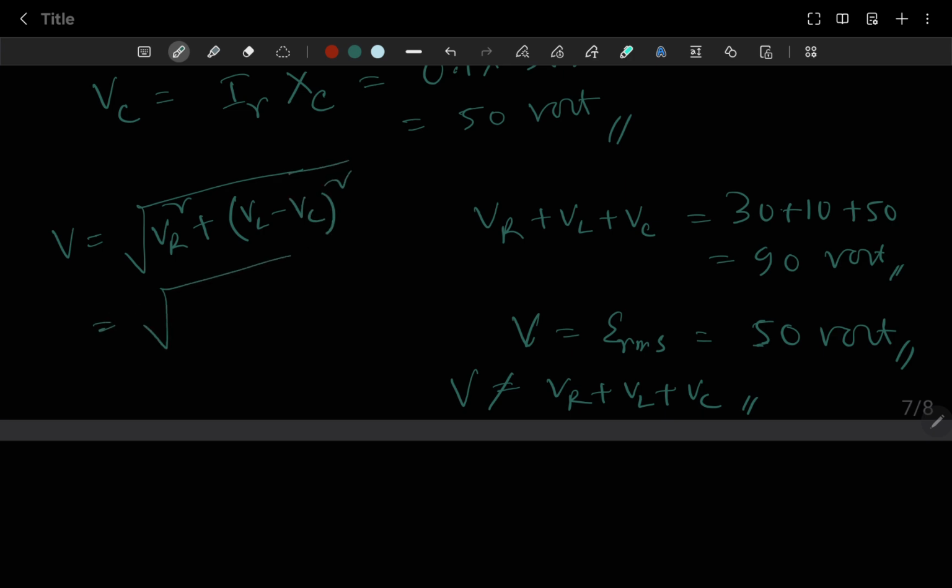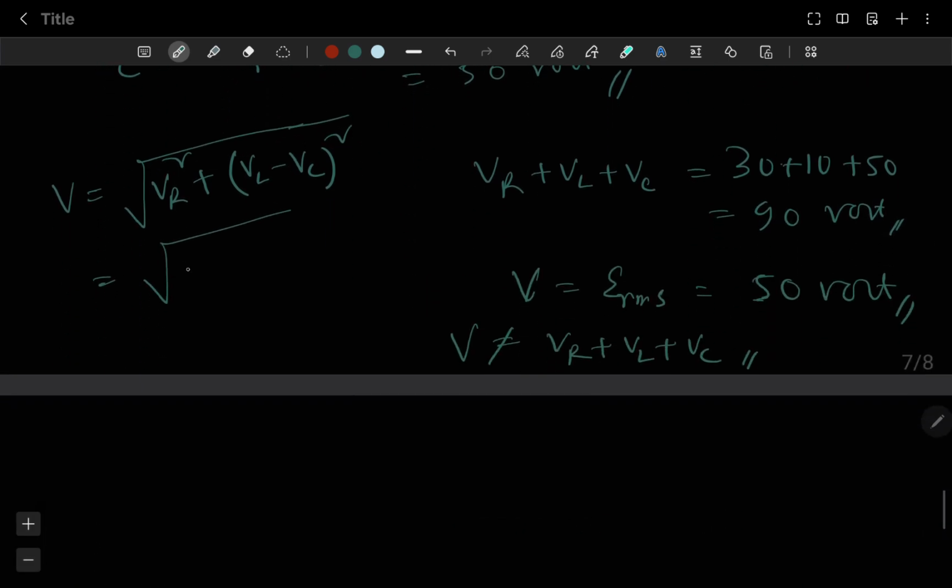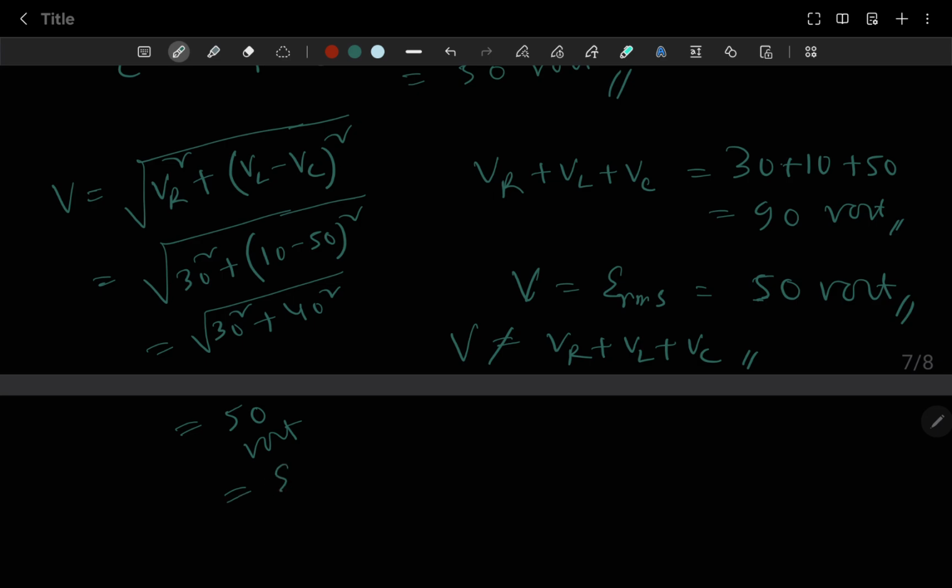Obviously it is 30 square plus 10 minus 50 square. See, this thing holds, 30 square plus 40 square, so it will be 50, so this thing holds. Fine, clear.